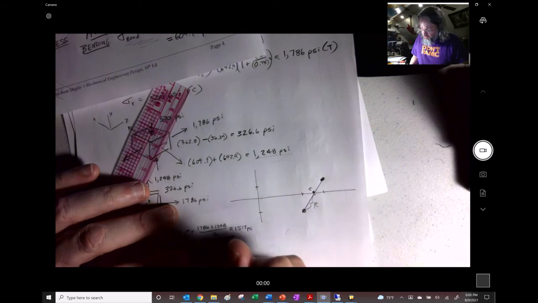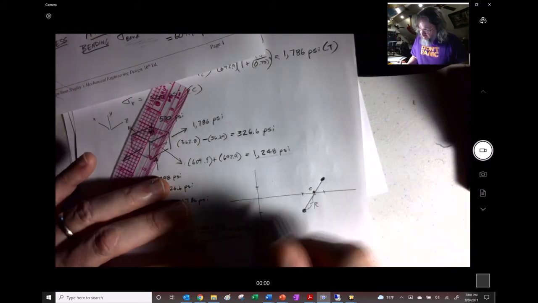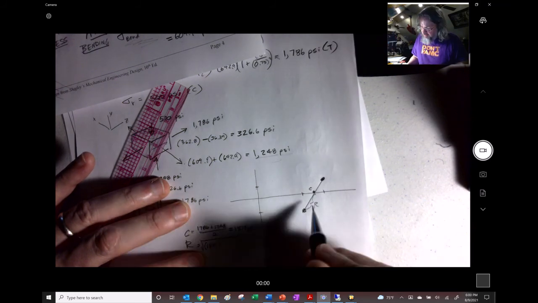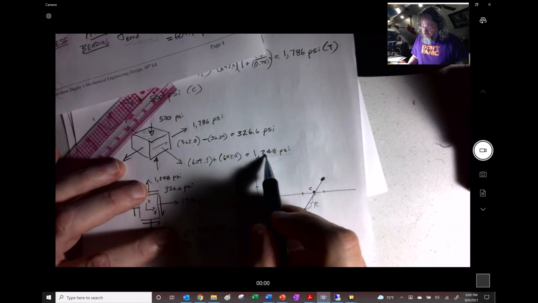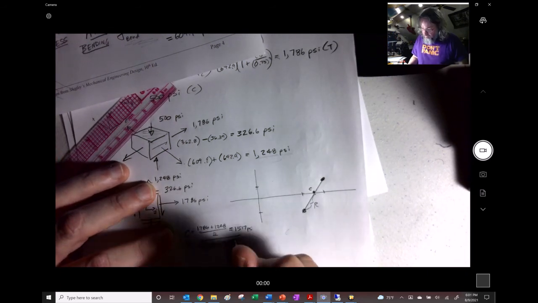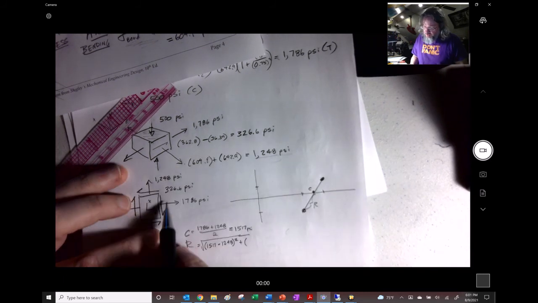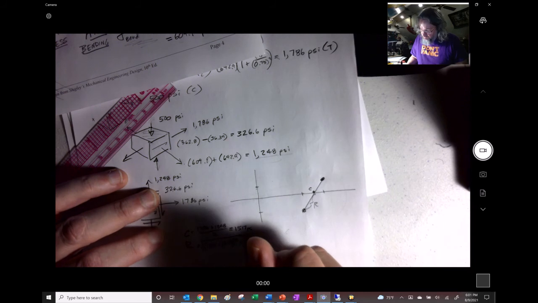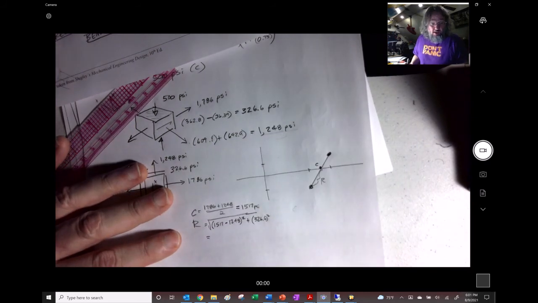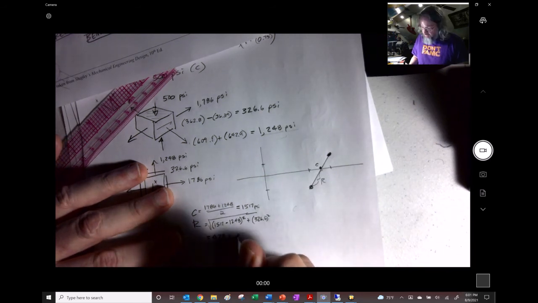R is going to be the square root of my C, 1517, minus this guy, 1248, squared, plus my 326.6 squared, and so I end up getting an R of 423.1 psi.